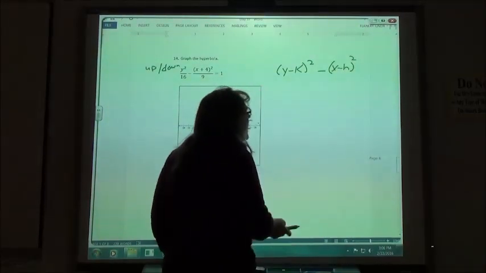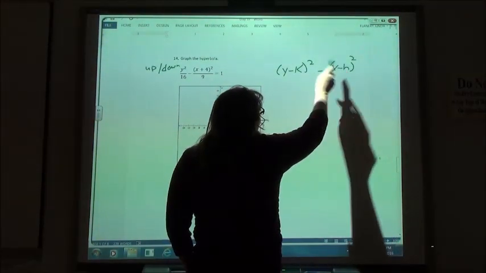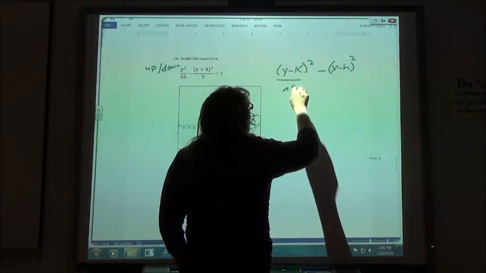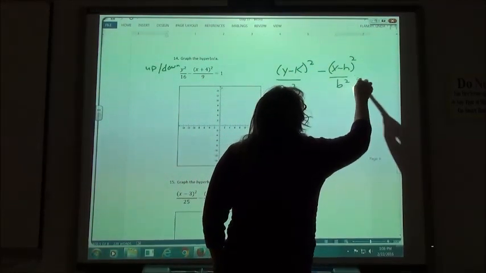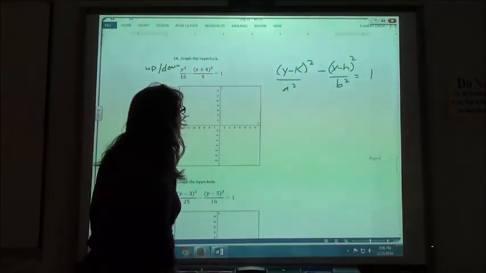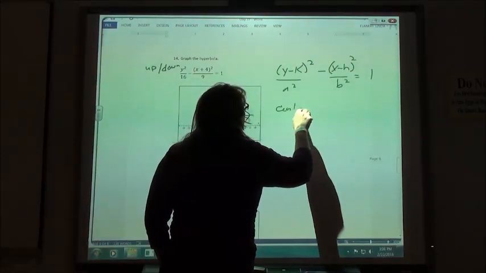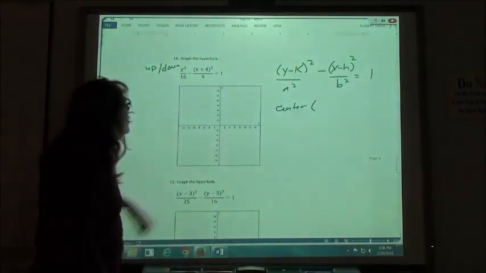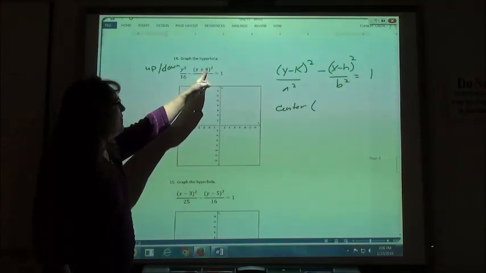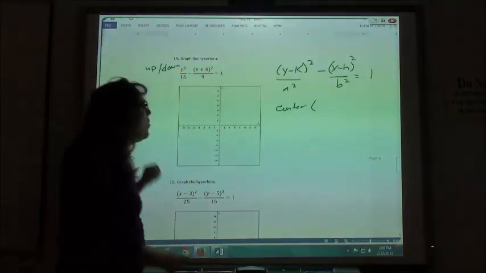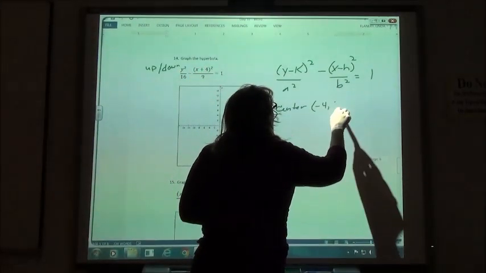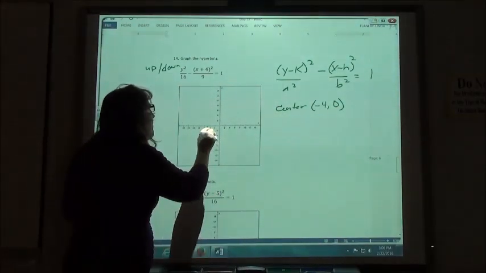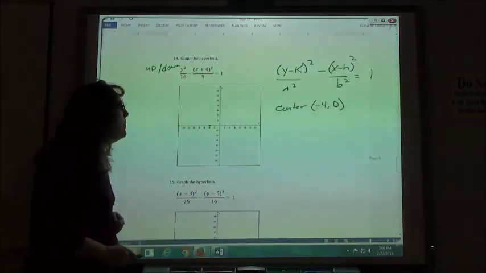So when I do my center, the h is with the x, the k is with the y. It's just the way it's going to open up and down that is different. So my center is going to be -4 with the x, 0 with the y. So at -4, 0, I'm going to have my center.